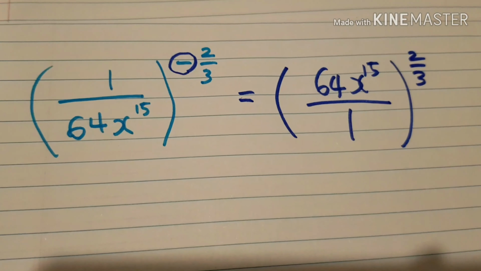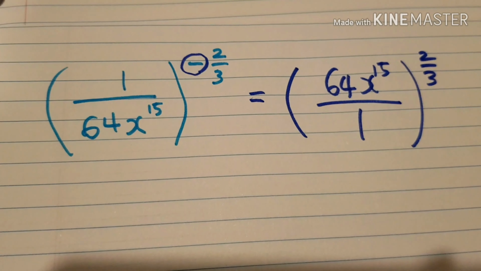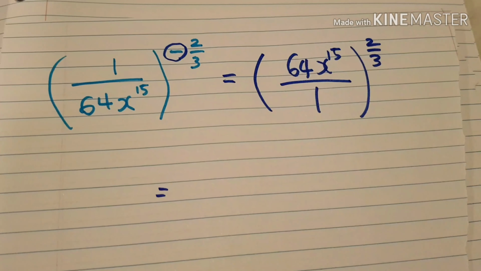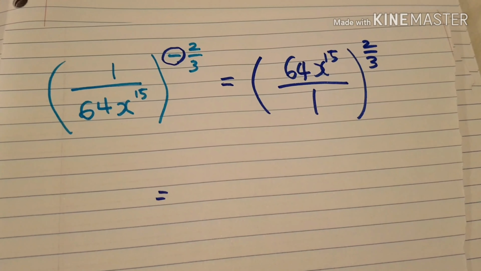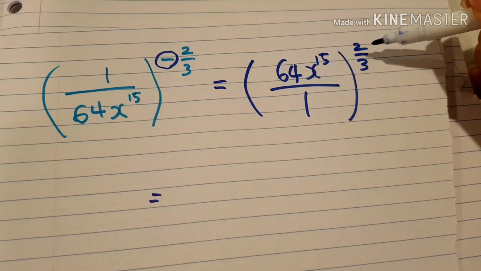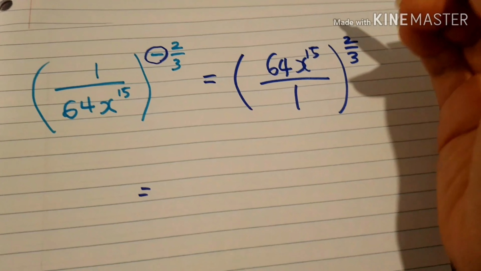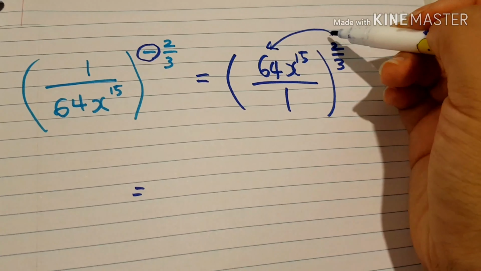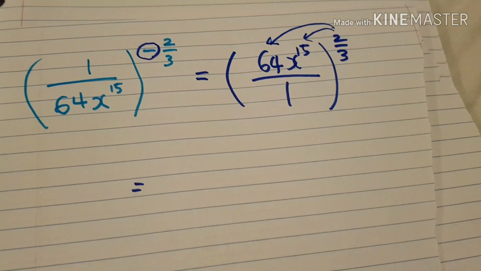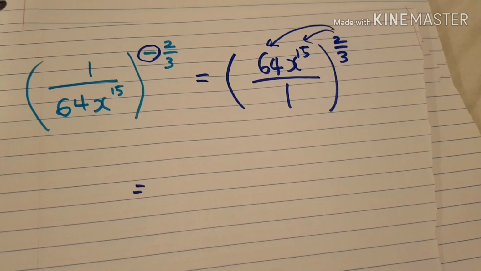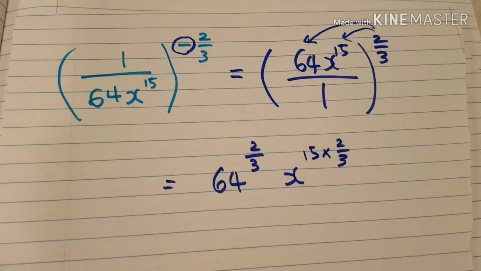So I can simply rewrite it like this, flipped. Then the power 2 over 3 will apply to every single term, so it will apply to 64 and it will apply to x to the power 15. And remember, with powers of powers, we're multiplying the powers.